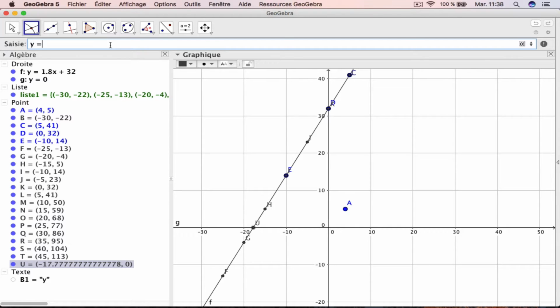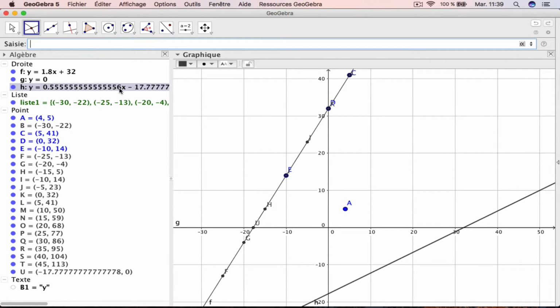Okay, here we go. It's 5 on 9, so let's use parentheses, times x minus 160 on 9. Let's change the color.